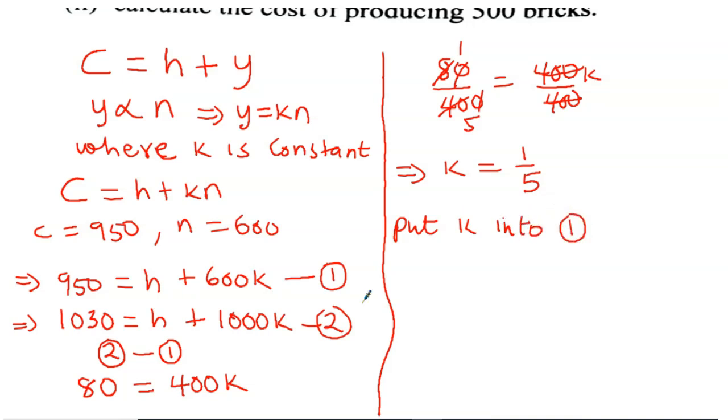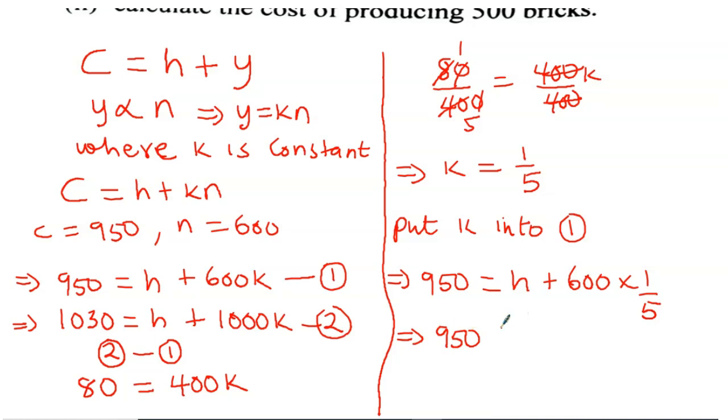So which means that 950 is equal to h plus 600 times 1 on 5. So we have 950 is equal to h plus, this is giving us 120.